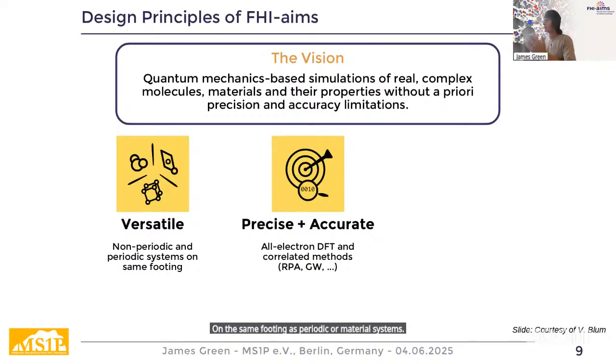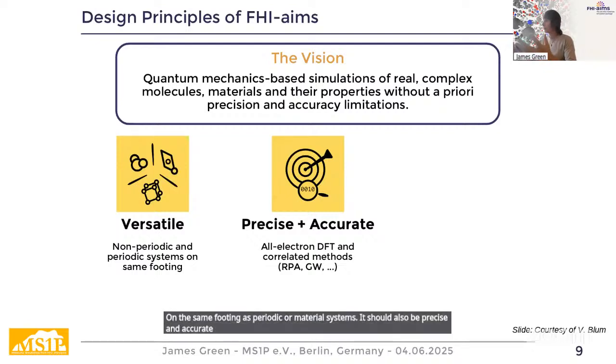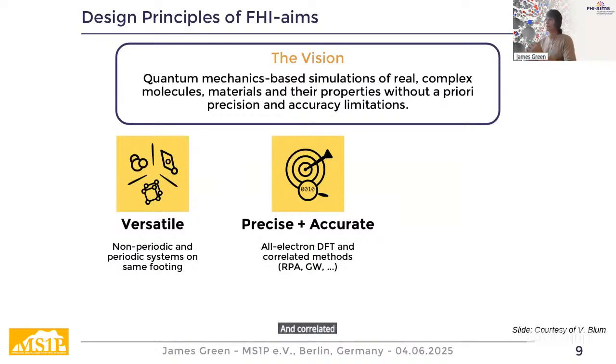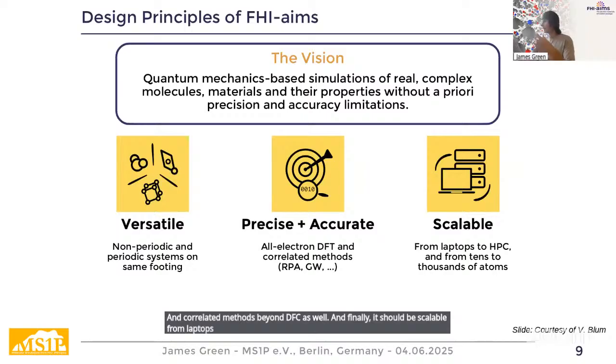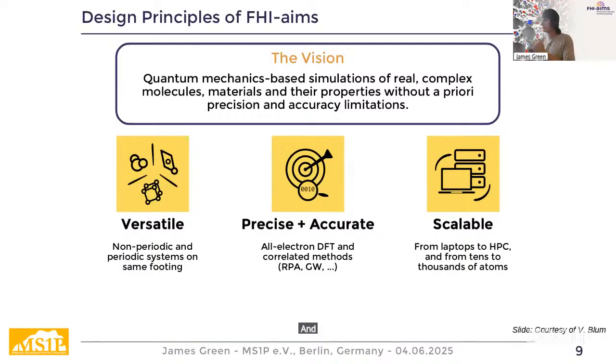It should also be precise and accurate, both for all-electron density functional theory and correlated methods beyond DFT as well. And finally, it should be scalable from laptops to large HPCs with thousands of compute nodes or thousands of CPUs, and from tens to thousands of atoms.